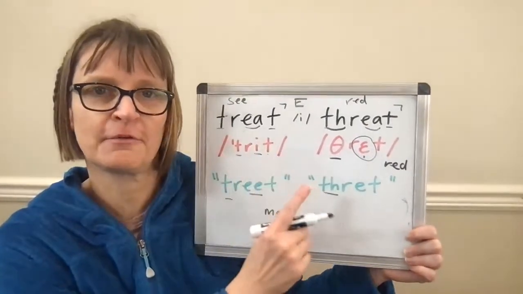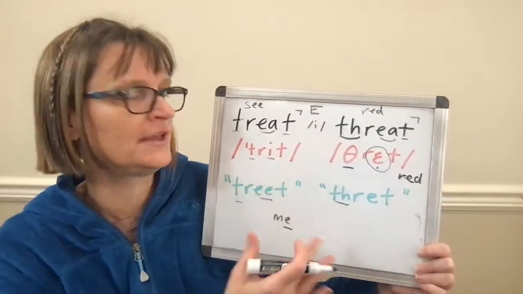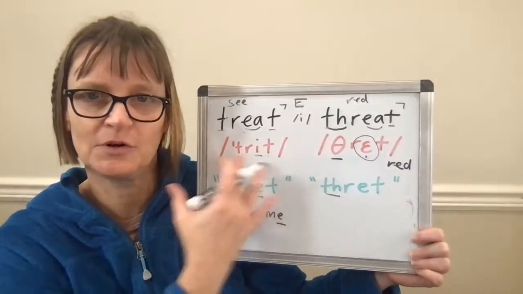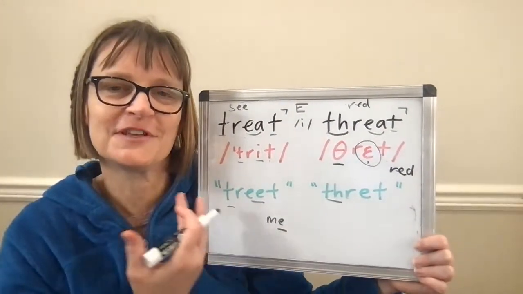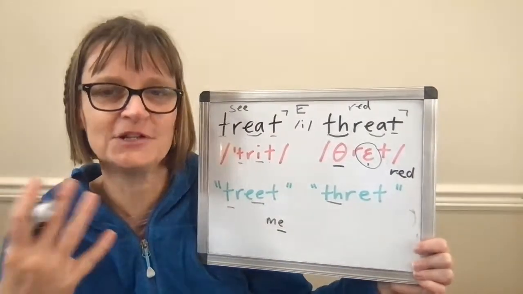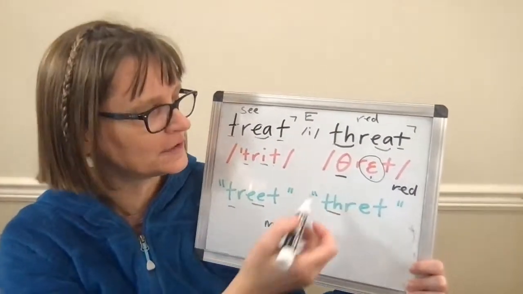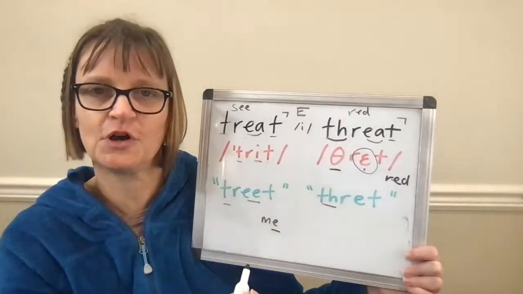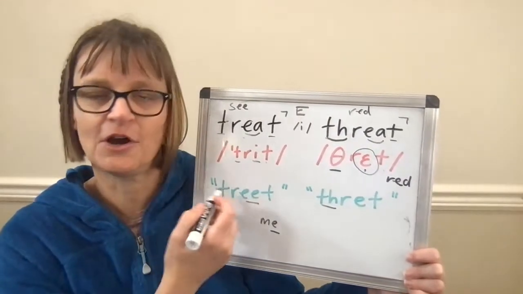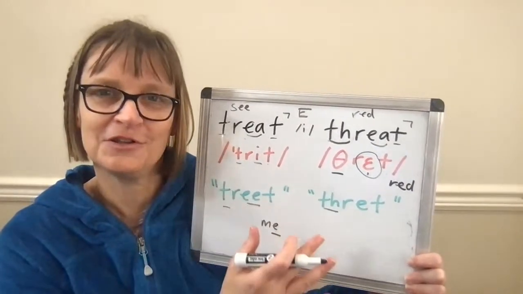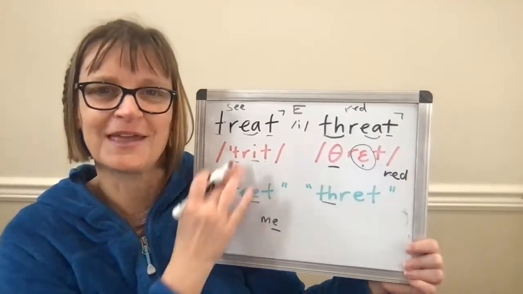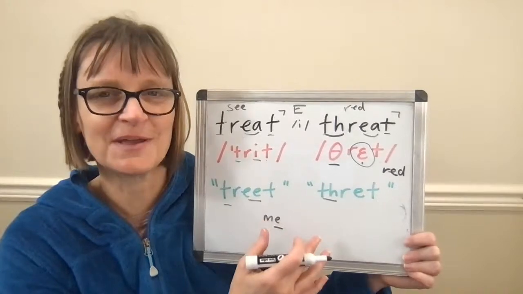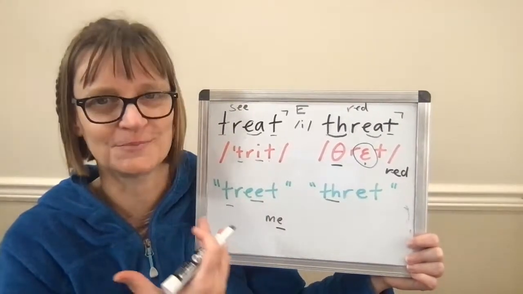So treat and threat are just an example of somewhat basic everyday words where spelling can be very misleading. We have accent error patterns that come from our native language, also from sounds that are difficult. For example, the THR is difficult for a lot of people, or the TR can also be difficult. But you also have to watch out for maybe you actually can say those sounds okay, and it's actually just the way the word is spelled makes you not know for sure how to pronounce it.